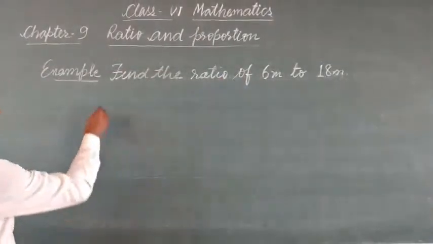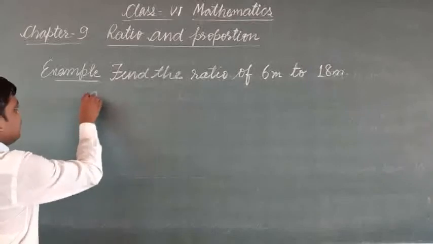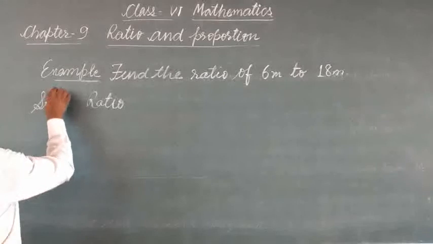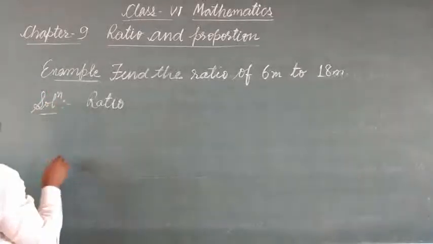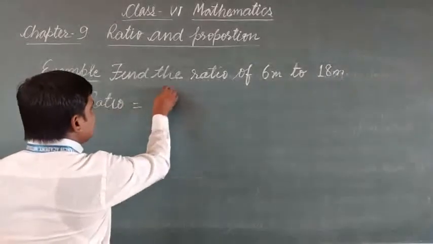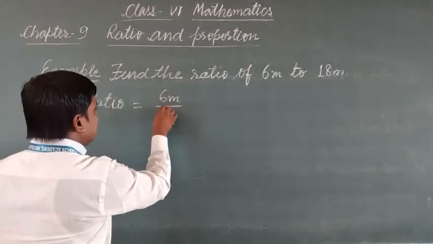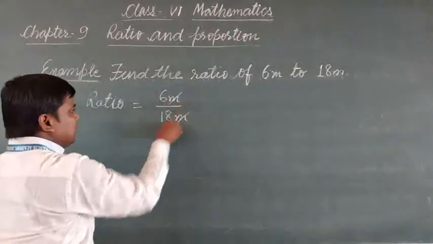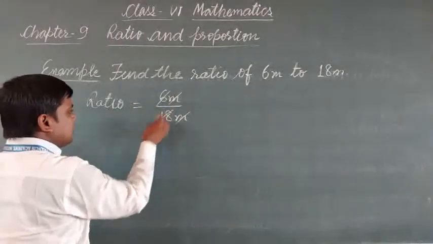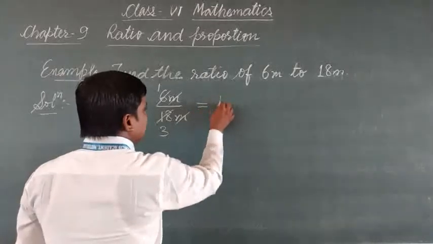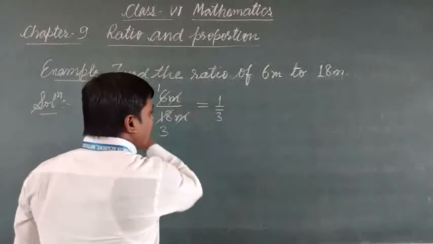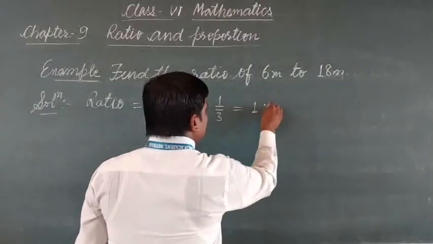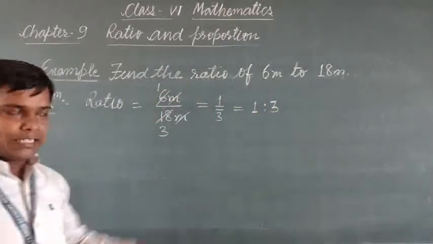In this case, the solution: ratio is equal to 6 meter by 18 meter. Meter cancels, 6 into 3 is 18, so 6 by 18 is 1 by 3, or you can also write 1:3. This is the required ratio.